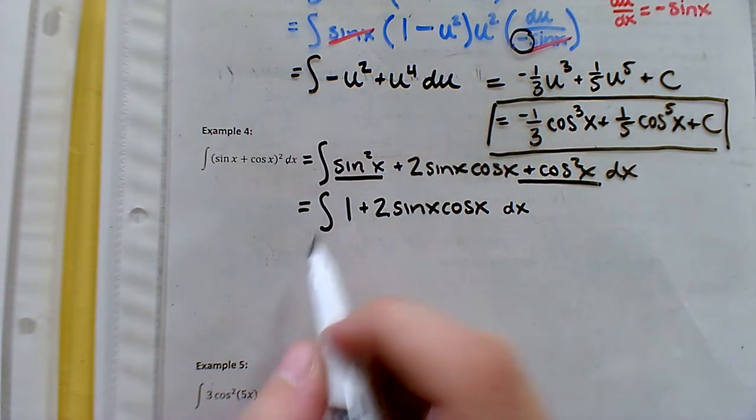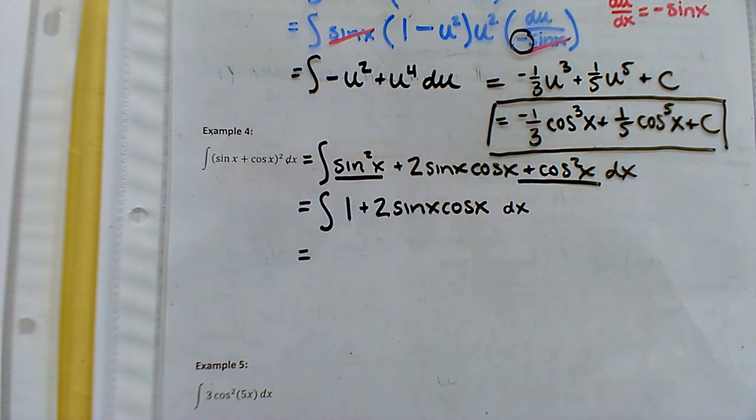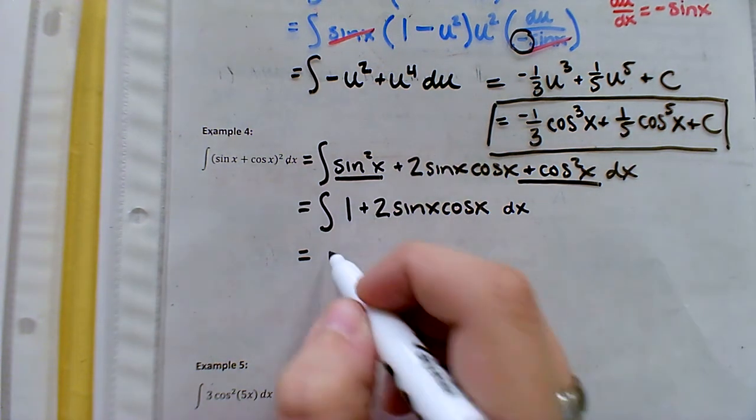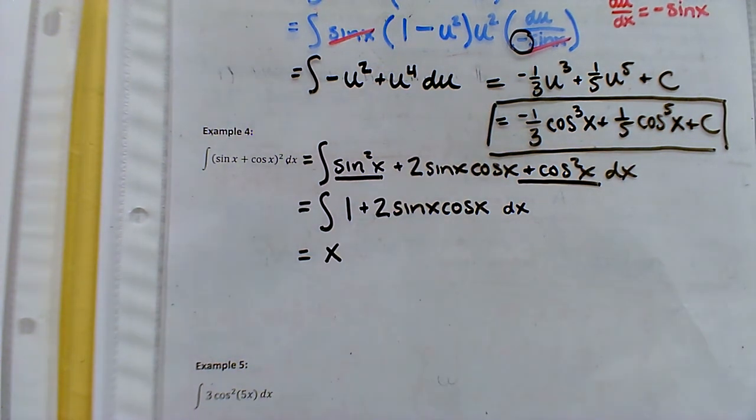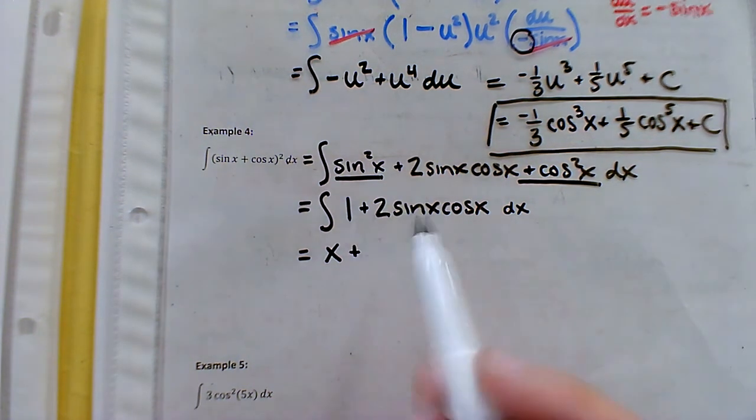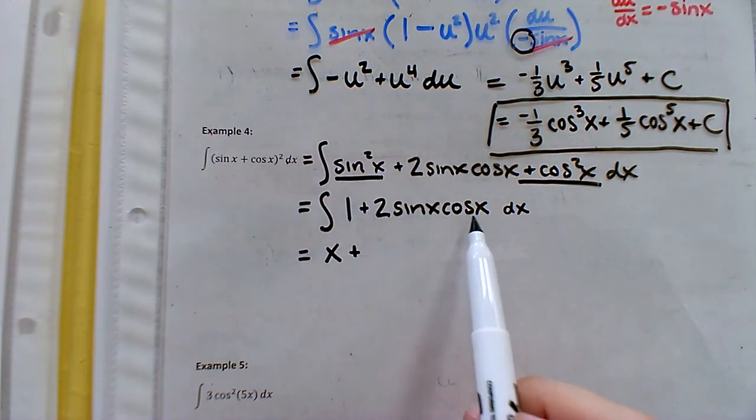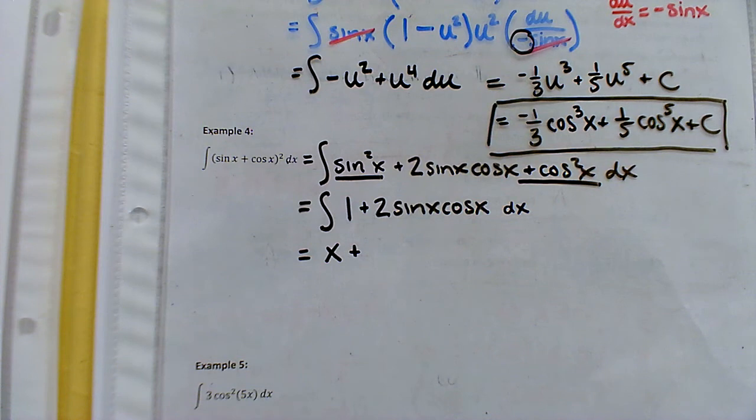Okay, can we work backwards from 1 with respect to x? That's just x, right? Okay, can we work backwards from 2 sine x cosine x? We can use an identity, okay? So how can we rewrite 2 sine x cosine x using one of the identities?